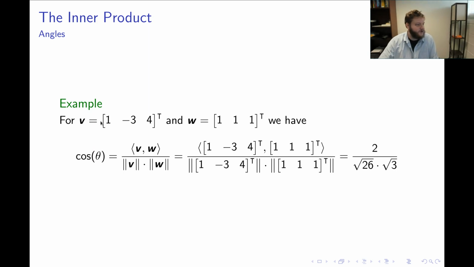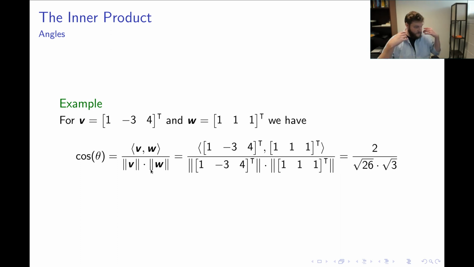Here I have two vectors, (1, -3, 4) and the vector (1, 1, 1). Well, how can I calculate the angle between those two vectors? Well, I could start by calculating the cosine of the angle between those two vectors. Rearranging my previous formula says that the cosine of that angle is a quotient where the numerator is the inner product of my two vectors and the denominator is the product of the lengths of those two vectors.